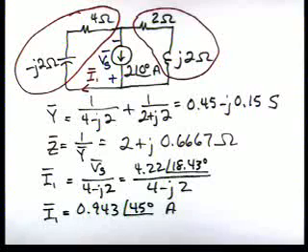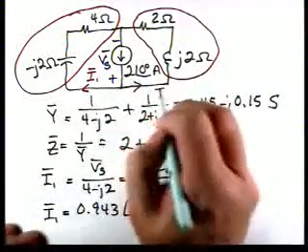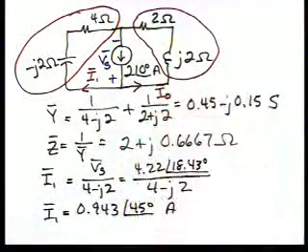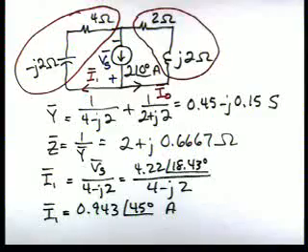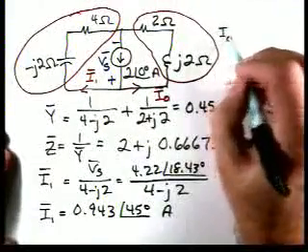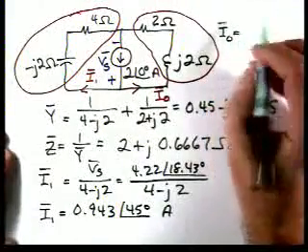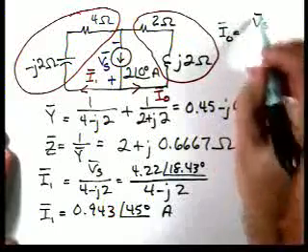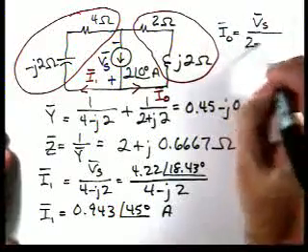And also we can calculate another current here, we'll call I0. I0 is Vs over 2 minus j2.